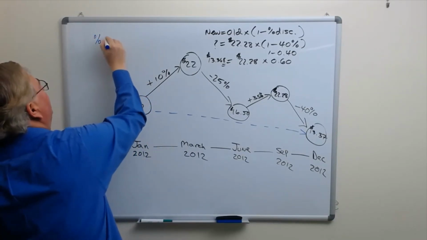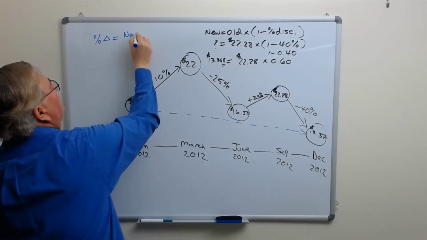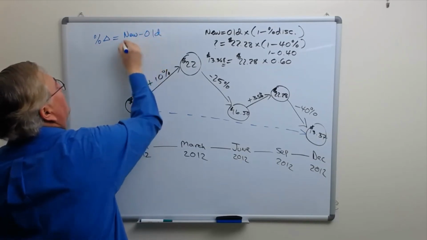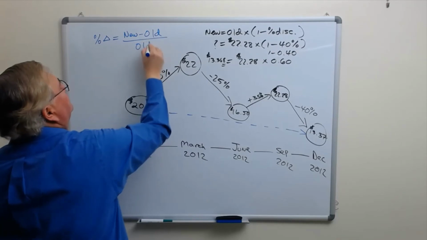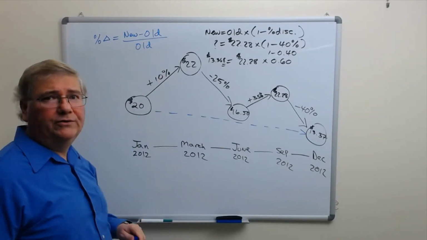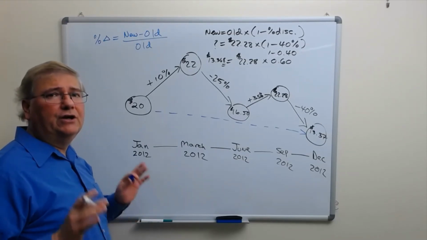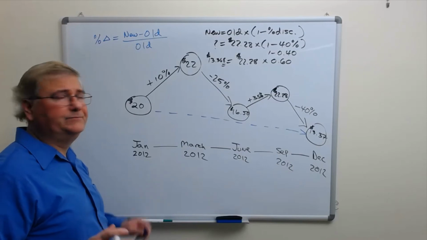The percentage delta, or percentage change, is equal to the new number minus the old number over the old number. We should memorize the percentage change formula cold in our heads. Percentage change, percentage delta, is equal to new minus old over old.